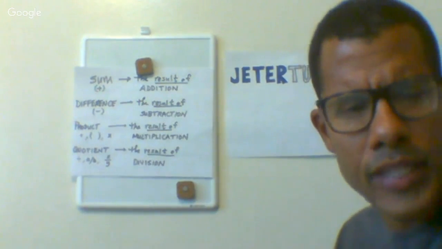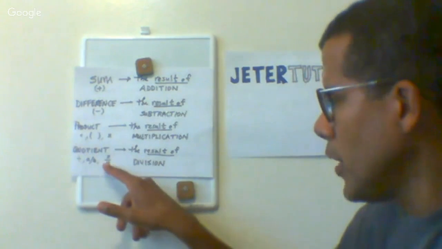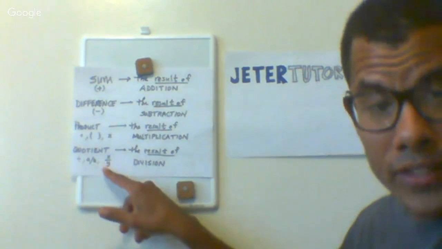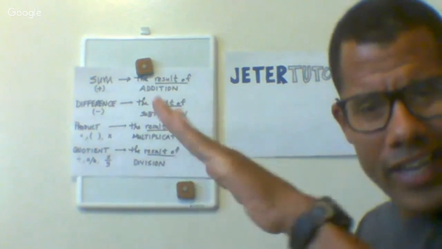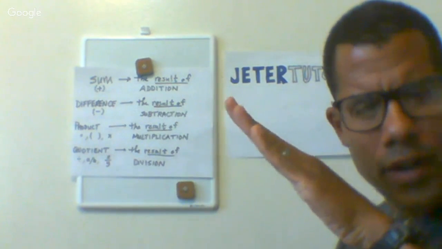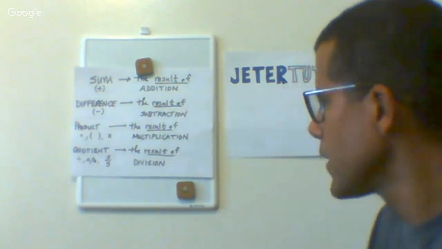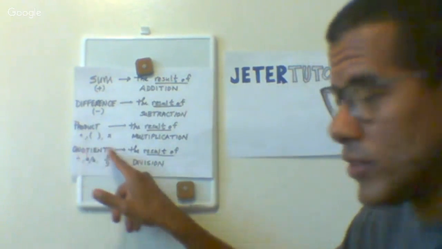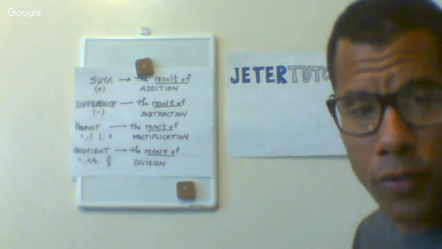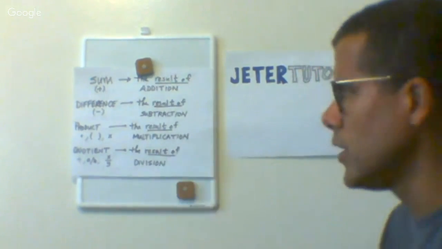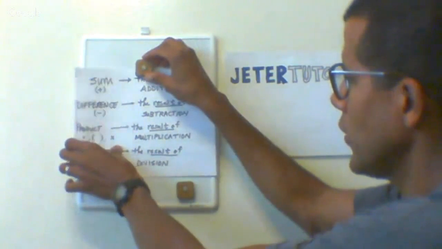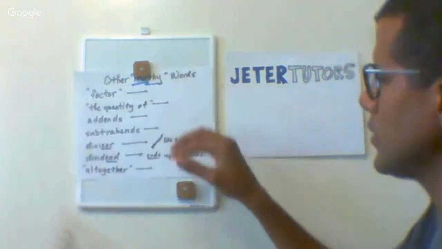You probably see that a little earlier than that. But later on, especially in equations, so for all you algebra people, you're not going to write the slash on the side. You're not going to see that very often. You're going to write it horizontally. Quotient is the result of division. So those are the four basic ones. For another video, we'll worry about exponents and square roots and stuff like that. But for now, let's stick to the easy ones.